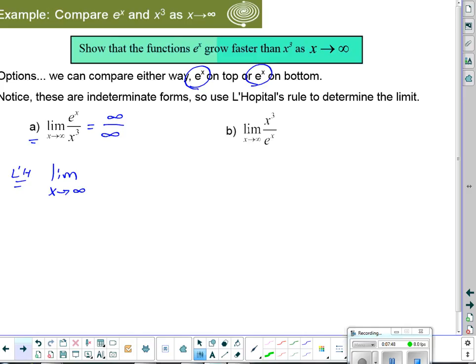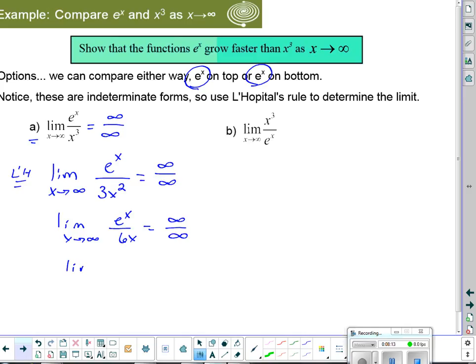So the limit as x goes to infinity, I would take the derivative of the top. The derivative of e to the x is e to the x. Bottom, we get 3x squared. And gosh darn it, we're still infinity over infinity. Do it again. If I do another L'Hopital, we will have e to the x over 6x, which still is infinity over infinity.